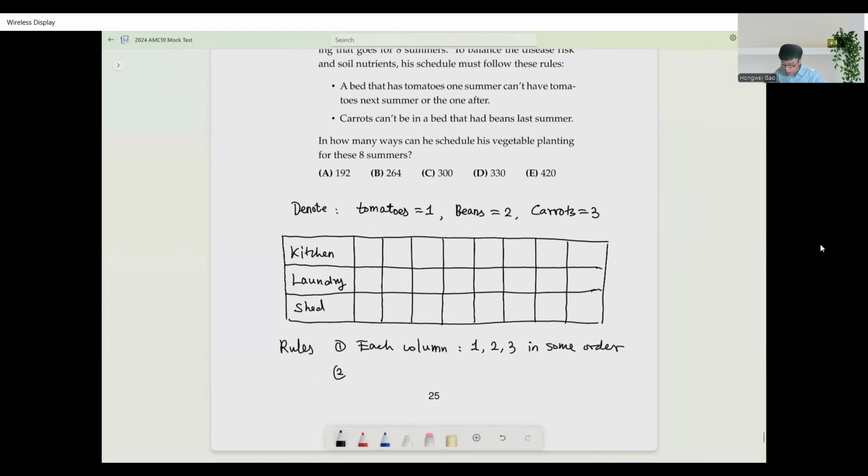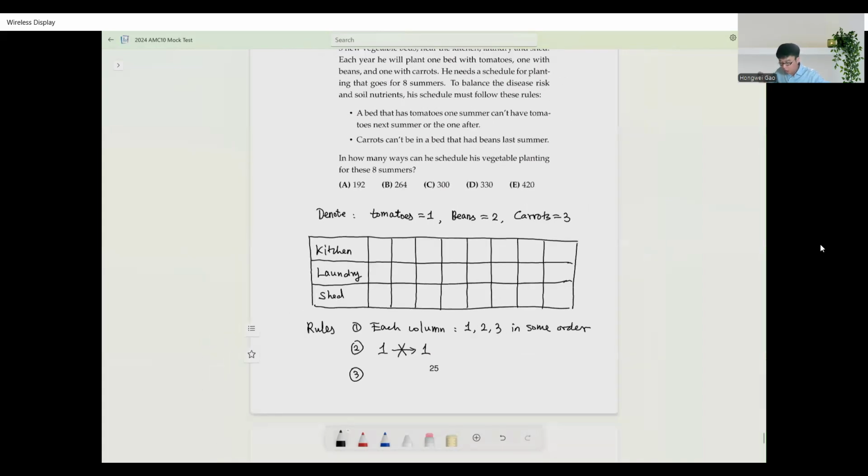Second, it says that a bed that has tomato in one summer can't have tomato in the next summer. That means on each row, after 1, it can no longer be 1. Moreover, we cannot have tomato for the year after next year. So if this year is 1, next year maybe 2 or 3, but the year after next year, it still cannot be 1.